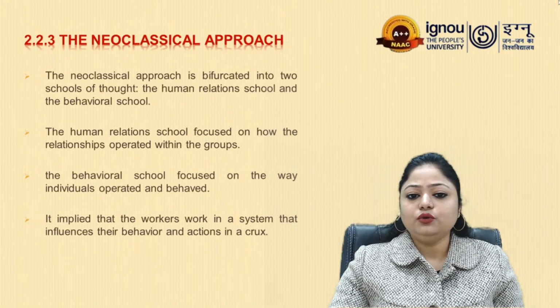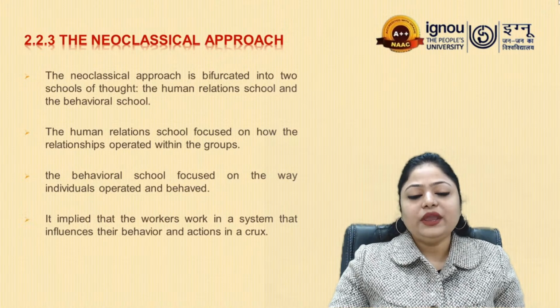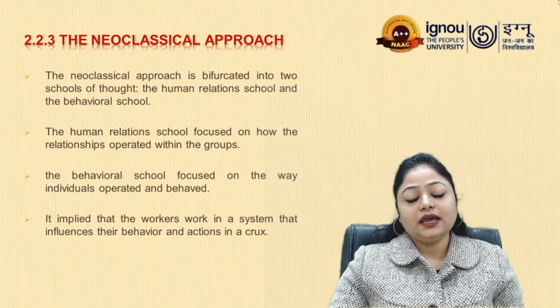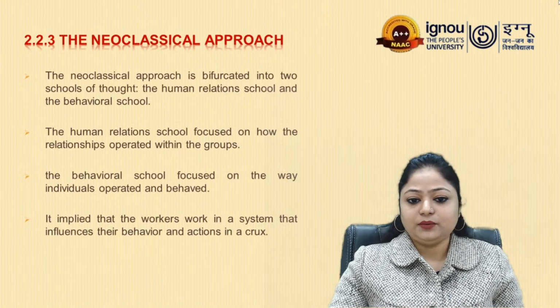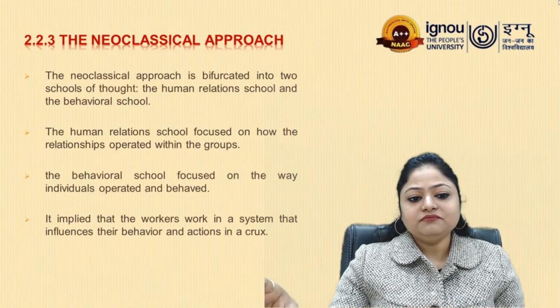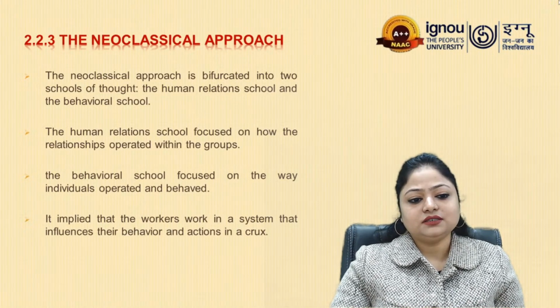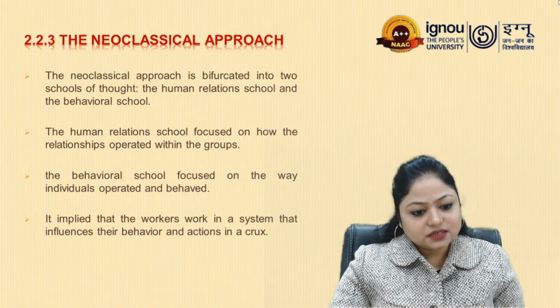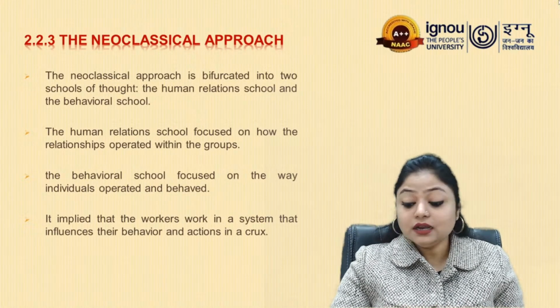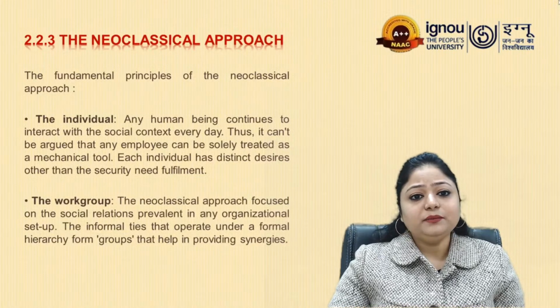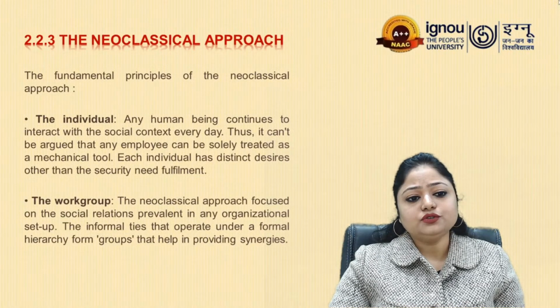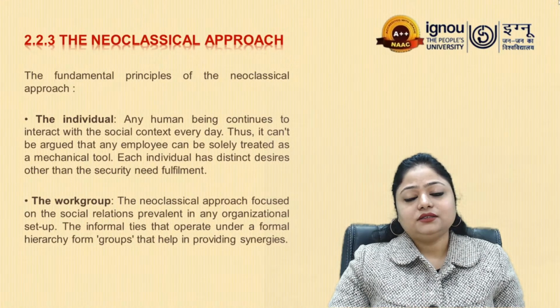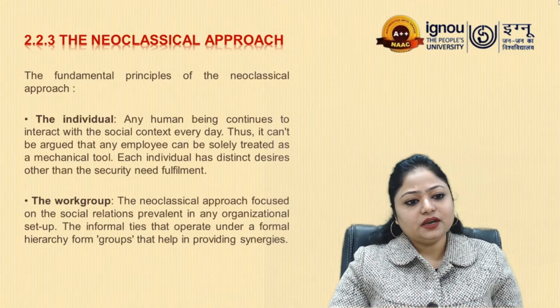Then behavioral school focused on the way individuals operate and behave in the organization in a particular manner. So it is implied that the workers work in a system and that influences their behavior and action.